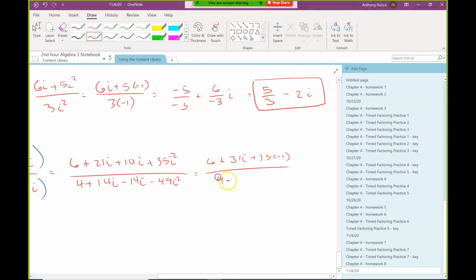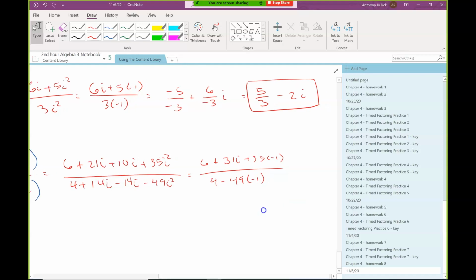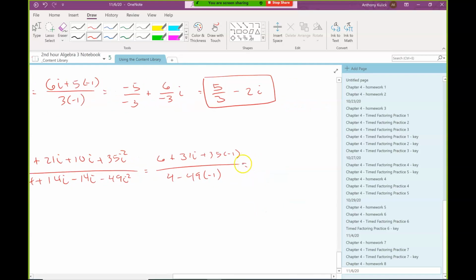There's no more i's down there, right? Okay. So 35 times negative 1 is negative 35, plus 6 is negative 29. 4 minus a negative 49 is 53. Neither of which can reduce, so I'm done.